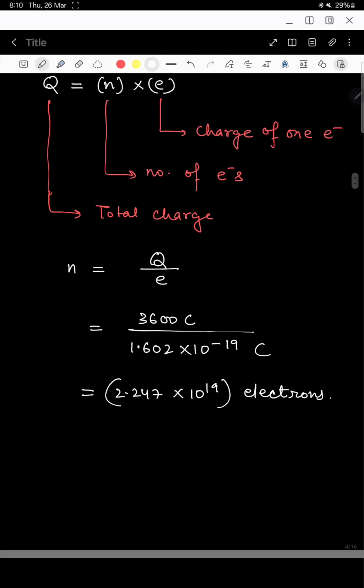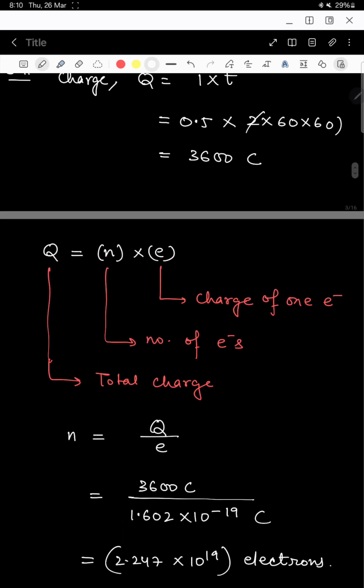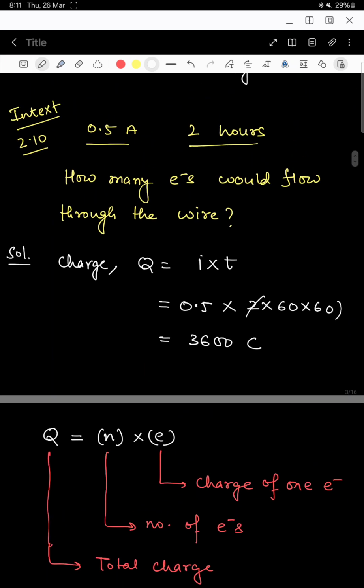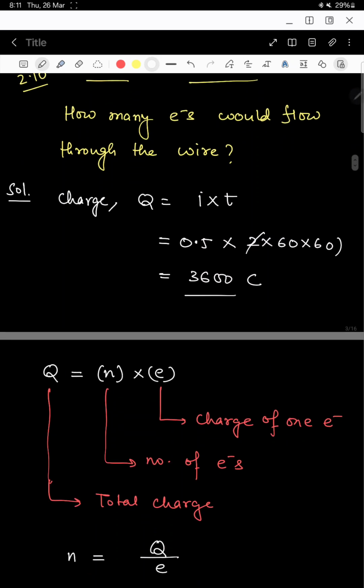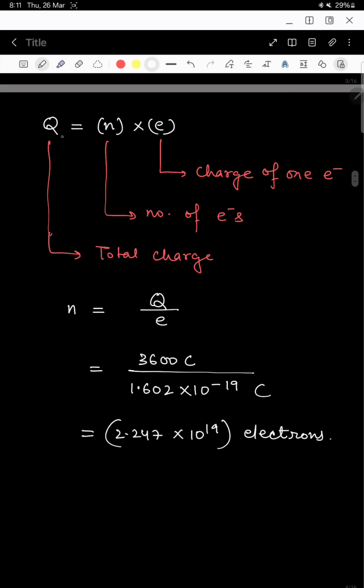So this is how you can calculate. First we calculated the total charge that is passing through the conductor, and using this formula we calculated the number of electrons that pass through the conductor, that is total charge by charge on one electron.